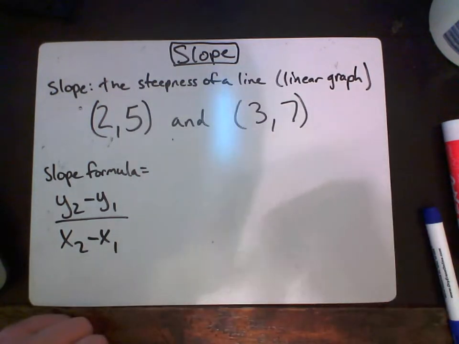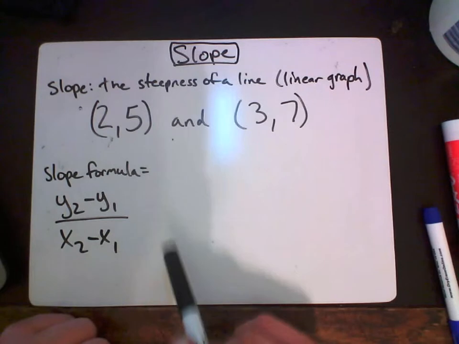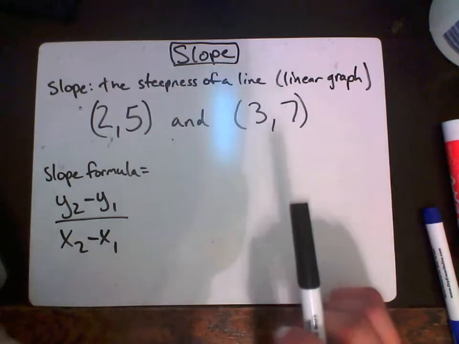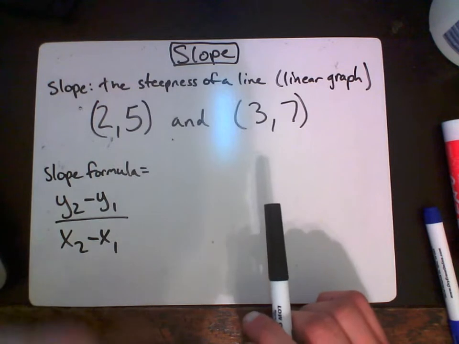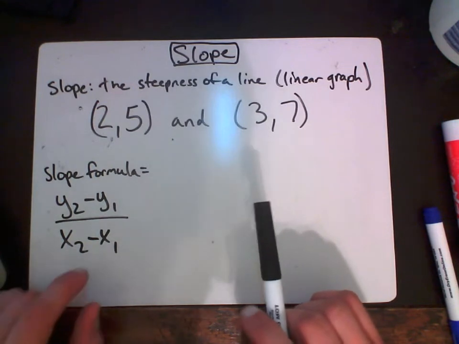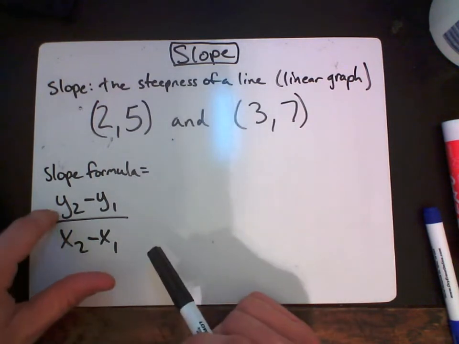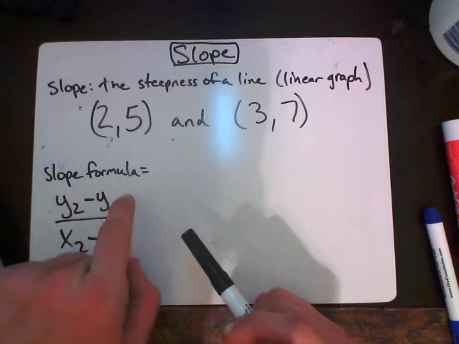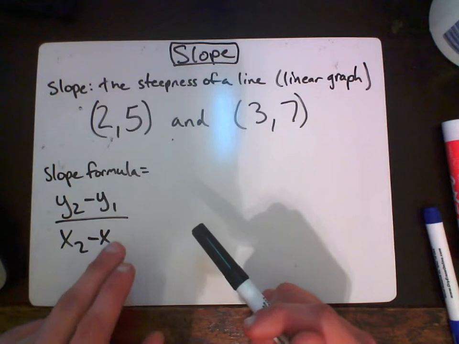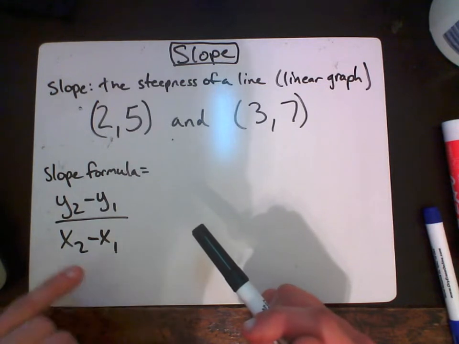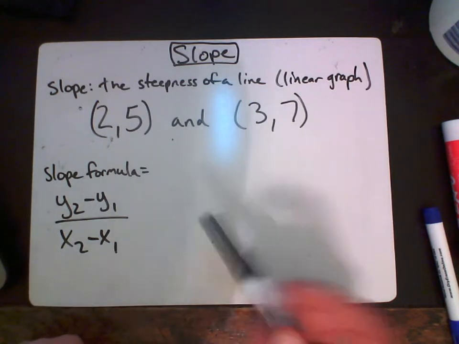Mr. McDougal, I'm confused. I'm used to those little numbers being above and being called exponents. Hold your horses. Those are called subscripts. They're just a label. This tells me I'm using my second y and subtracting my first y value from that, and I'm subtracting my first x value from my second x value.